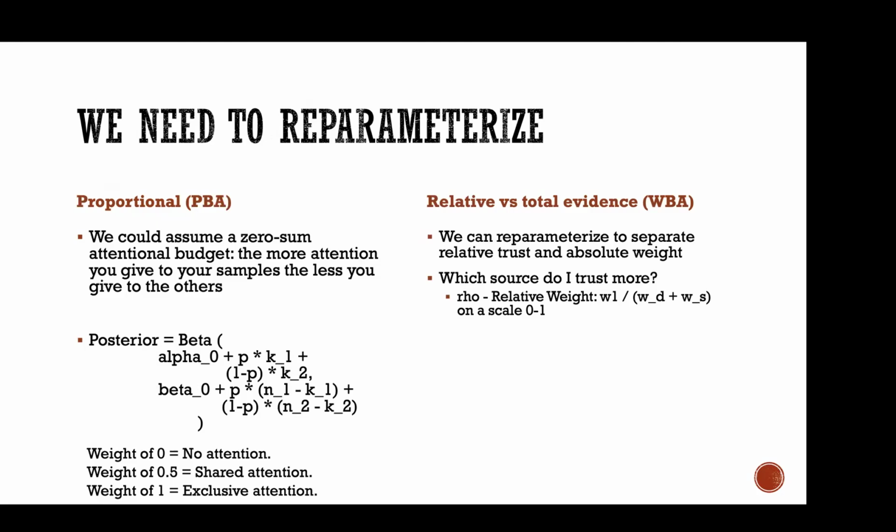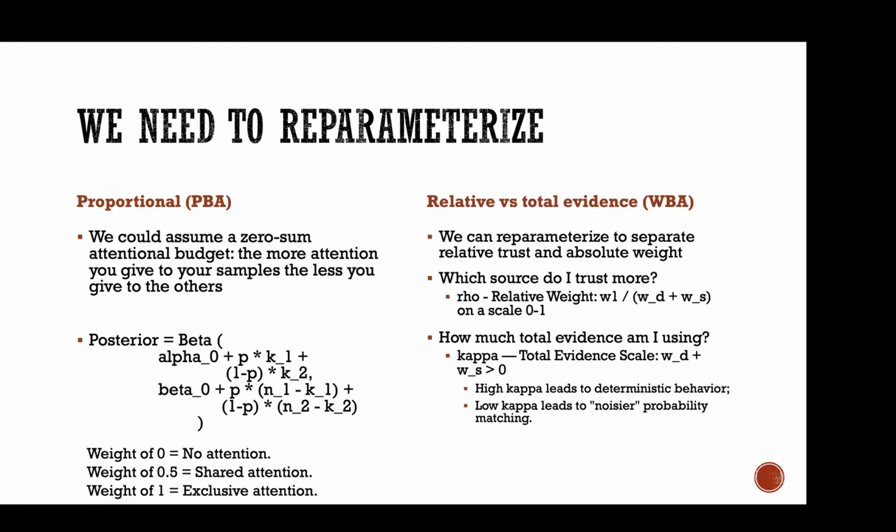The ratio is defined as the weight for direct, I made a typo there, divided by the weight for direct plus the weight for social, right? Which simply means what proportion of the total amount of evidence across the two weights is covered by the first source of evidence.